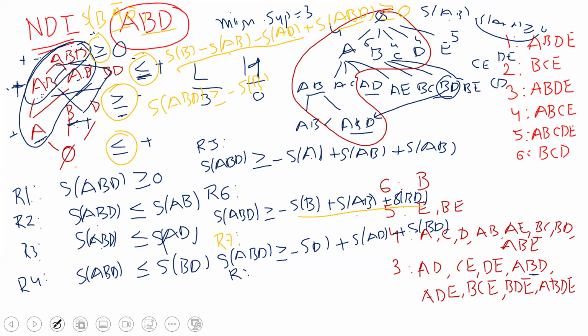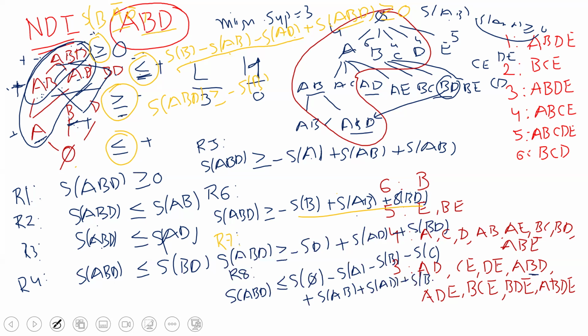What does rule 8 say? Rule 8 says S of ABD is less than or equal to S of pi minus S of A minus S of B minus S of D. Negative is given for all of them, plus S of AB plus S of AD plus S of BD.